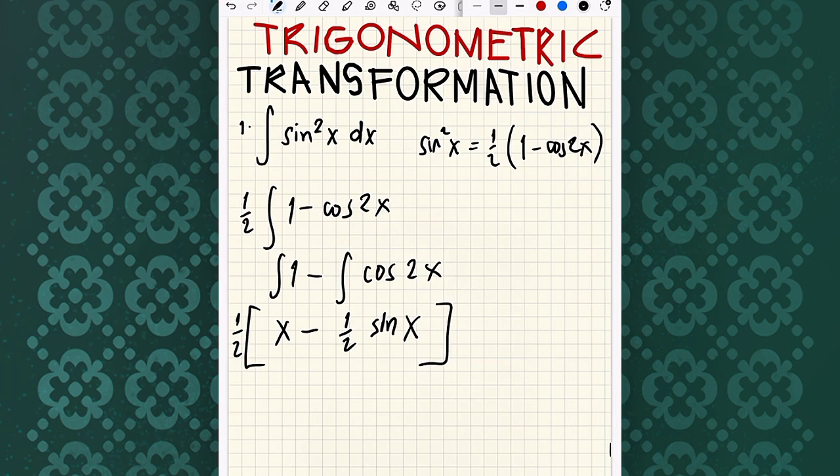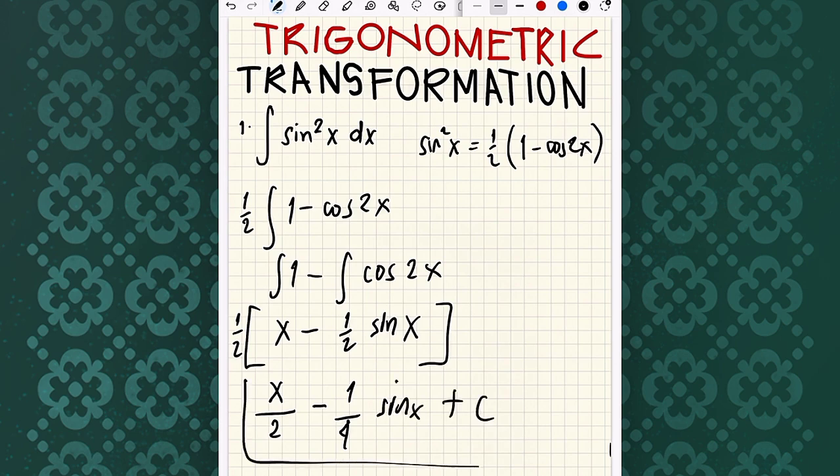Substituting the 1 half in this expression, it will become x over 2 minus 1/4 sine 2x plus c. This will be our final answer.